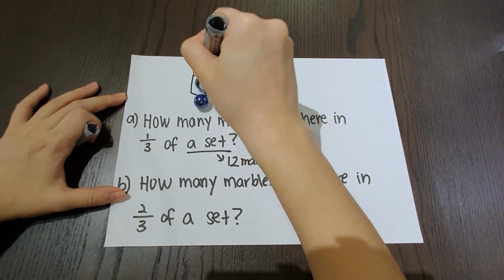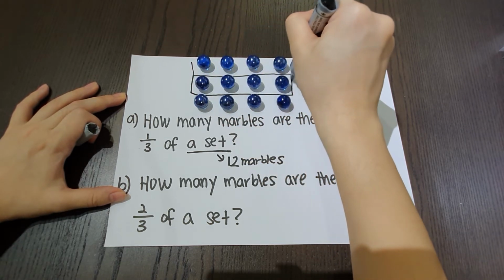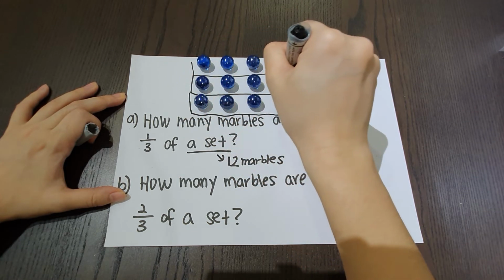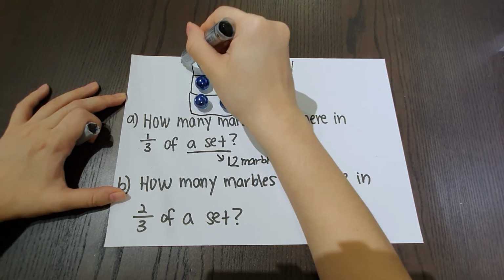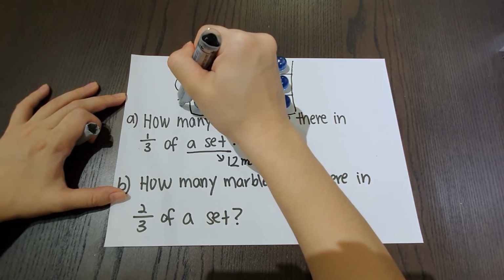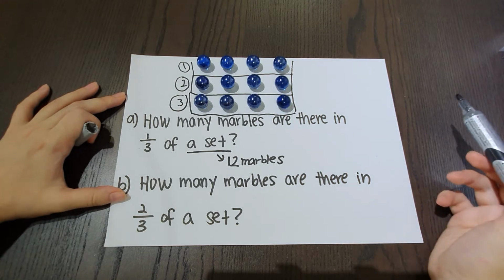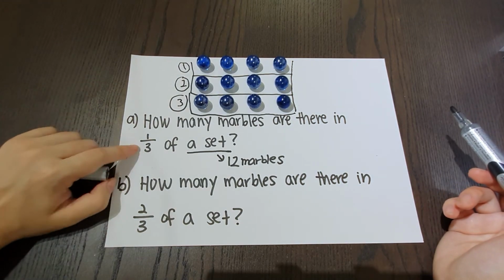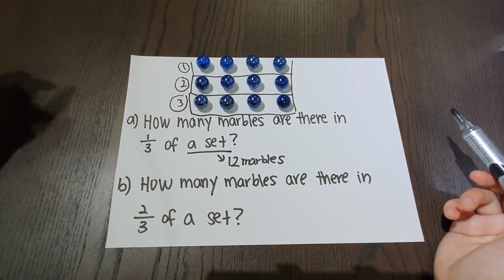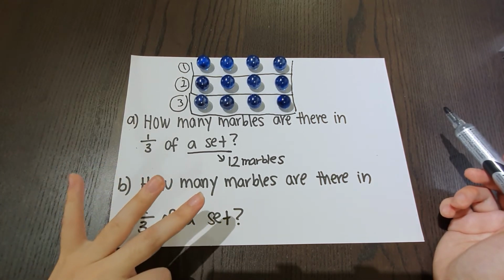Second group, and my third group, which gives me 1, 2, 3 groups. Since my denominator is 3, I know that I'm going to divide them into 3 equal groups.